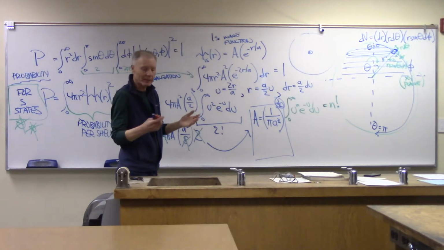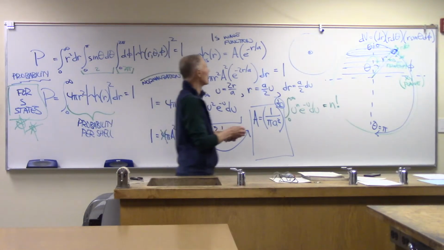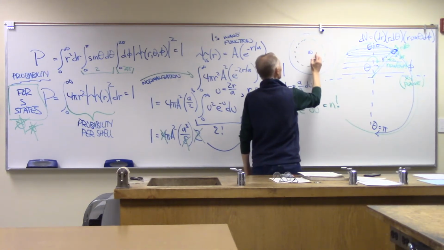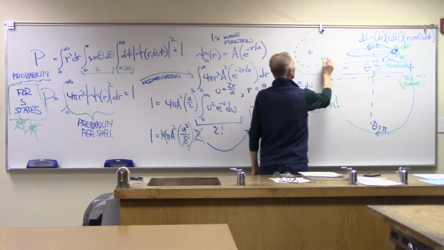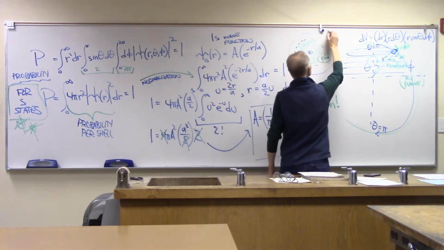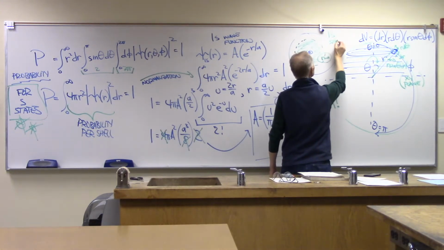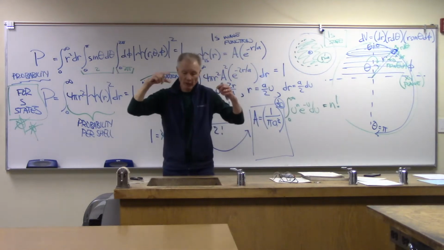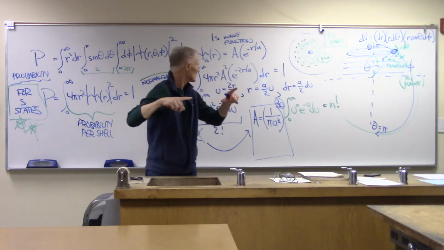So you can imagine the kind of problems that are going to show up in the homework, right? Problems are going to say something like this. Here is a hydrogen atom. Here is R is equal to a. If this is a 1s state, how much of the probability is within R equals a?